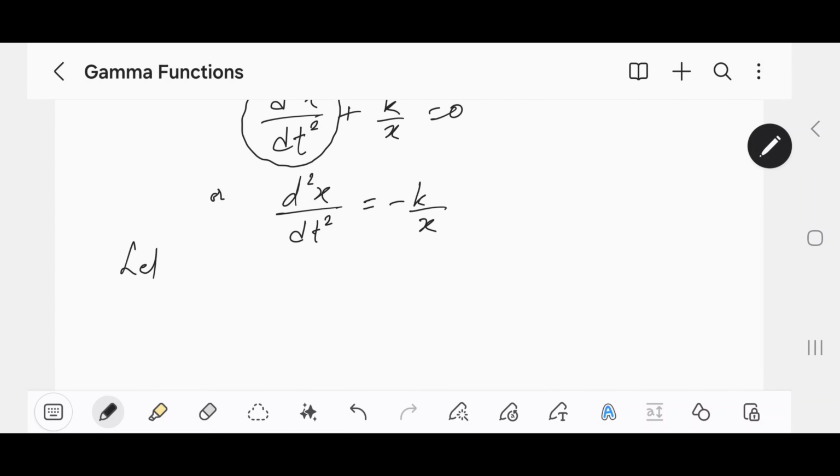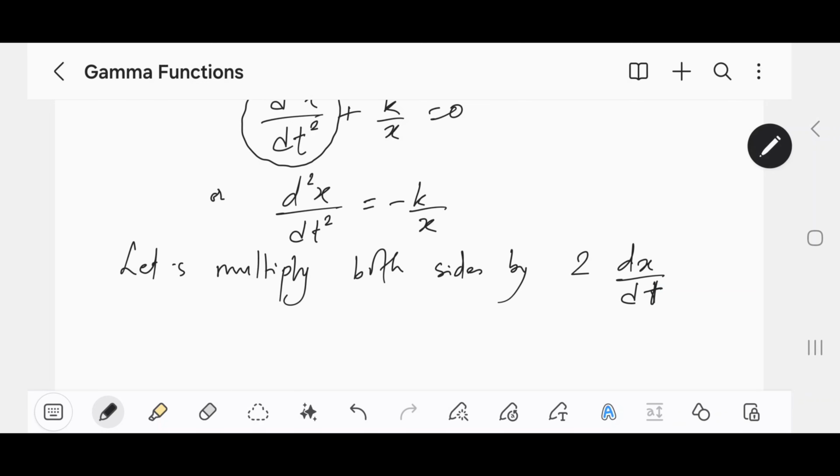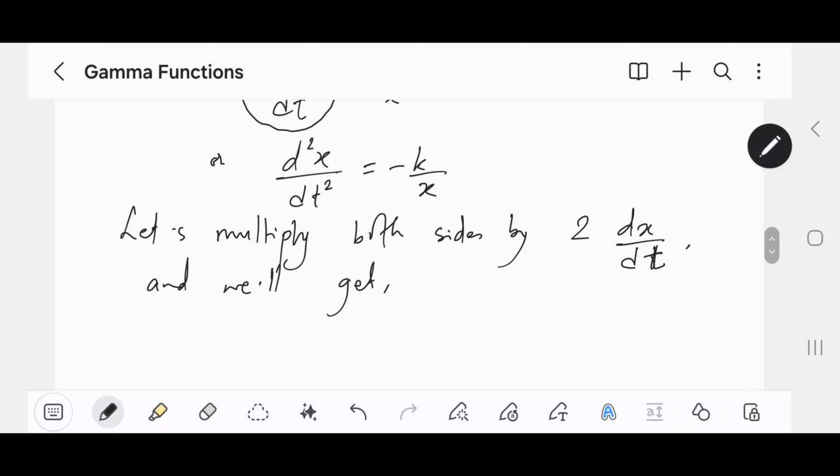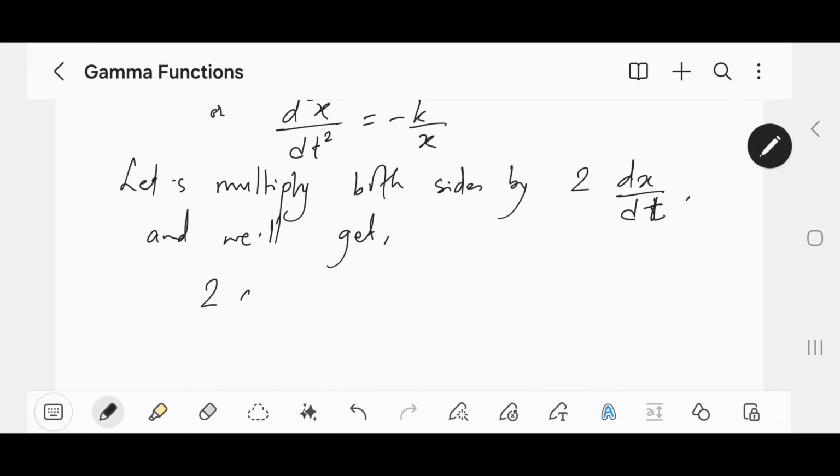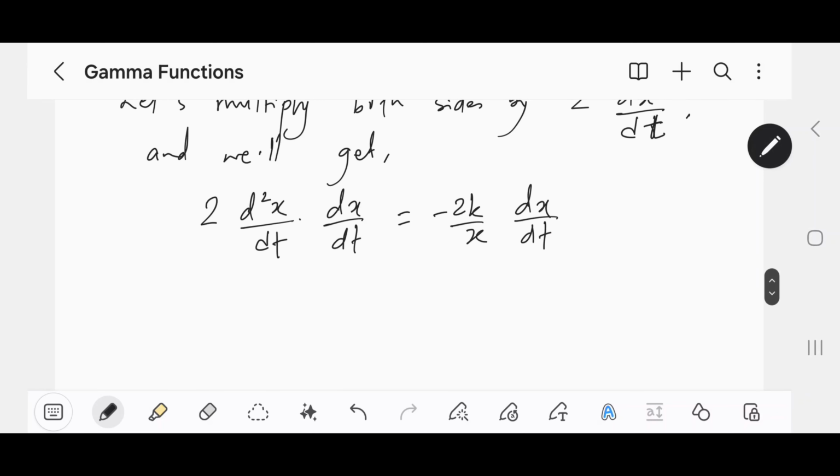Now let's multiply both sides by 2 dx by dt, and we'll get 2 d square x by dt square into dx by dt equals minus 2k by x dx by dt.